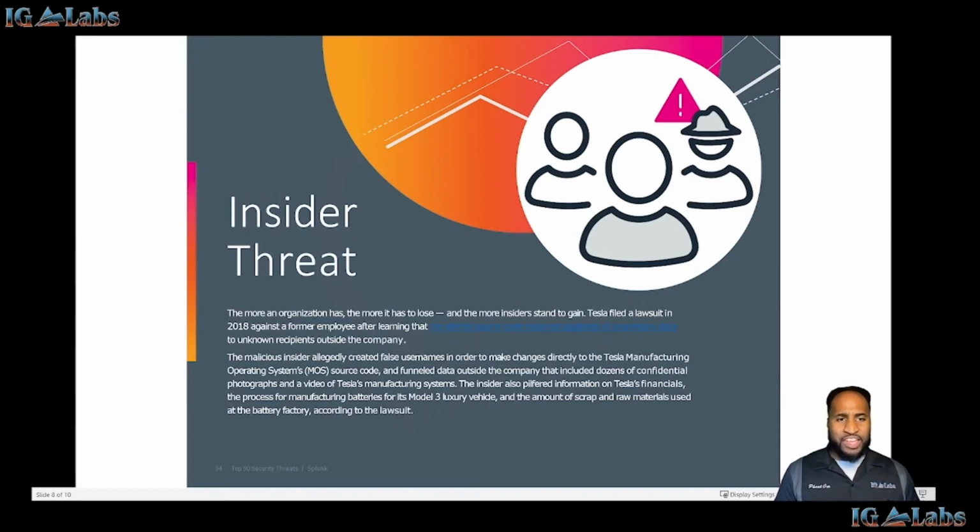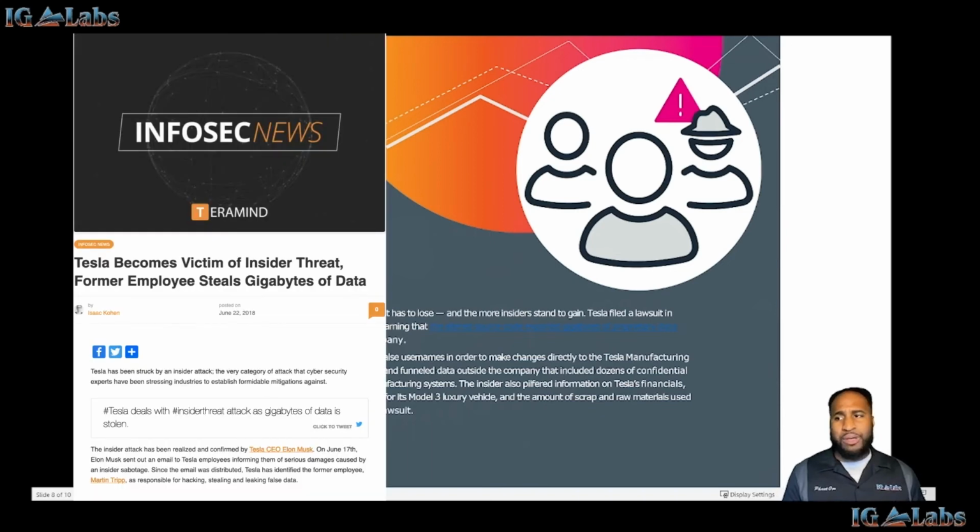An example of this: in 2018, Tesla filed a lawsuit against a former employee, saying the insider allegedly created false user names to make changes to Tesla's manufacturing operating system source code and funneled data outside of the company.